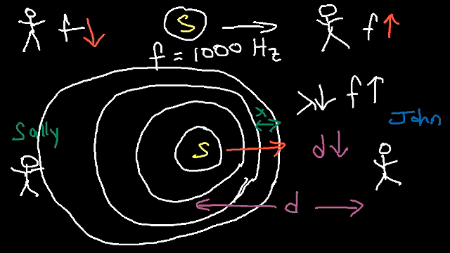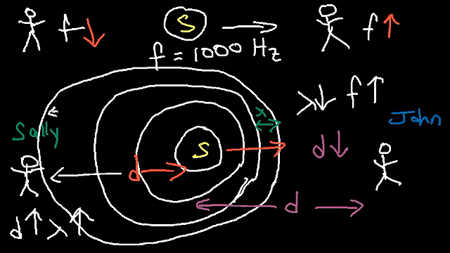Now, the distance between Sally and the source is increasing because the source is moving away from Sally. So because the distance between Sally and the source increases, the wavelength will increase. And you can see that the distance between wave crests is much higher than on the right side. So as the wavelength goes up, the frequency goes down.